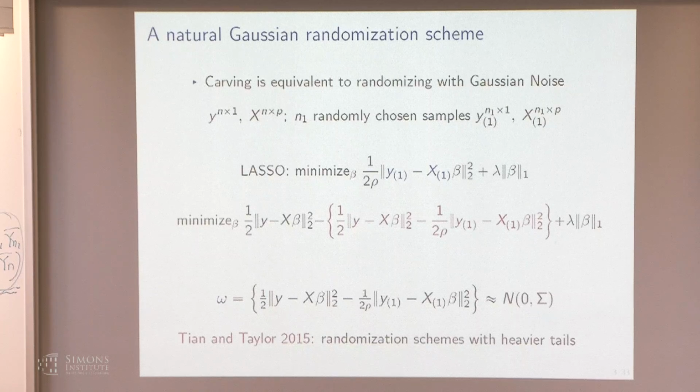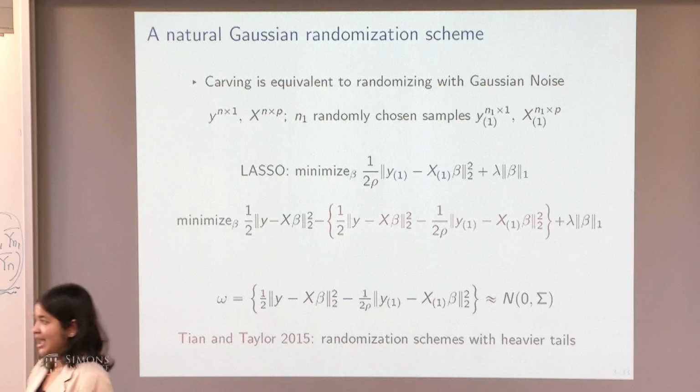So there is a question of how you want to fix the scale of randomization, which depends on this rho parameter: how big of a subsample you want to take.